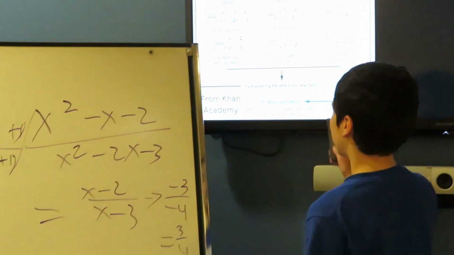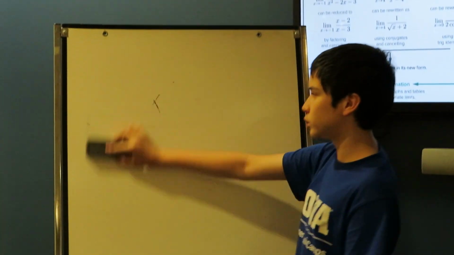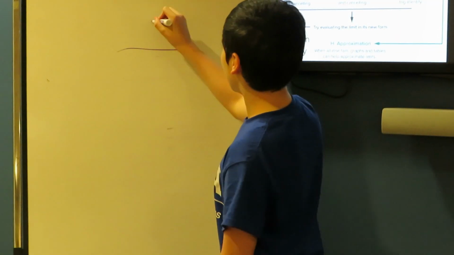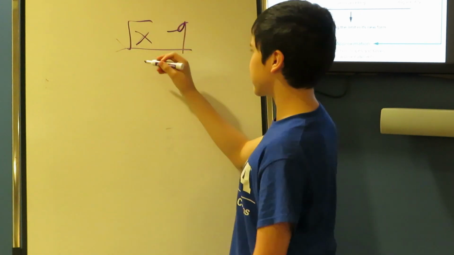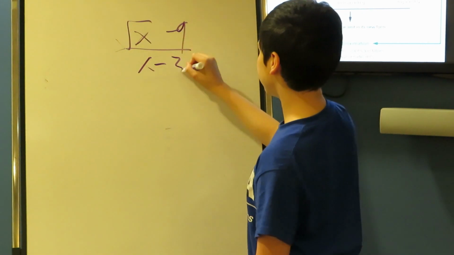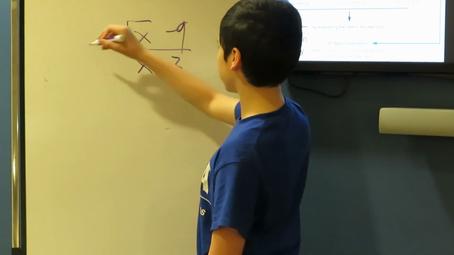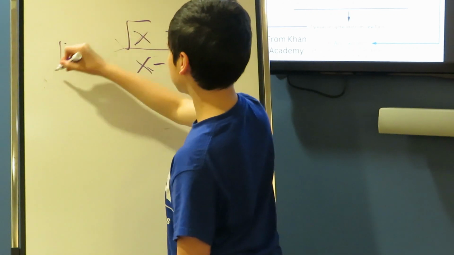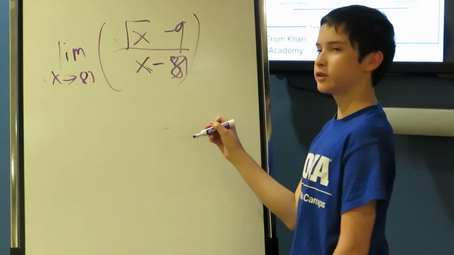The next method is called conjugates. We use this method whenever we have a square root in the numerator or denominator that causes us to get a 0 over 0. So for example, let's say we have the fraction square root of x minus 9 over x minus 81.